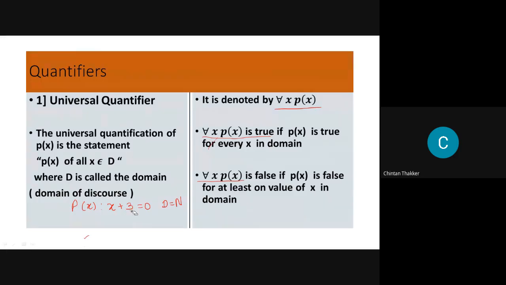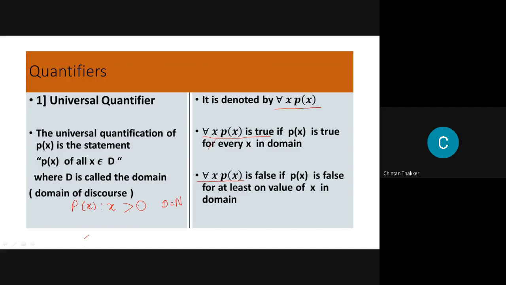So we change it. We take the statement x is greater than 0. Now here the domain is the natural number set. If we take x equal to 1, P(x) is true. If we take x equal to 2, P(x) is true. So for any x in the domain, P(x) is always true.